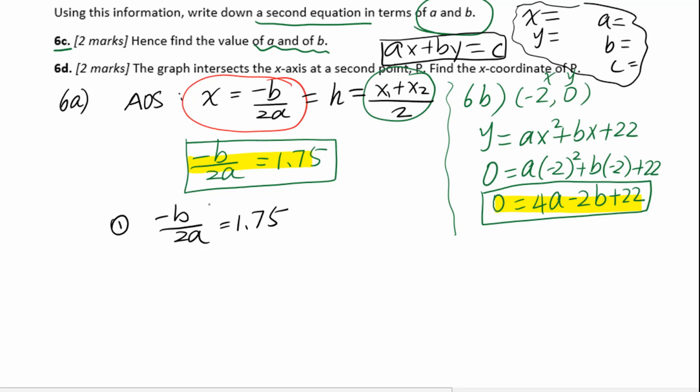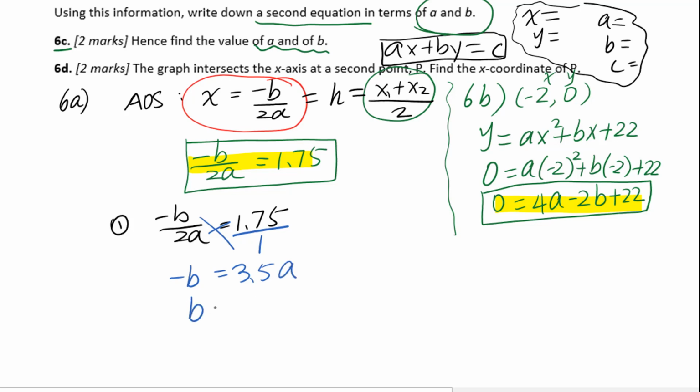For the first equation, you have negative b over 2a equals 1.75. We will cross multiply to figure out b. You have negative b equals 2a times 1.75. You will get 3.5a.